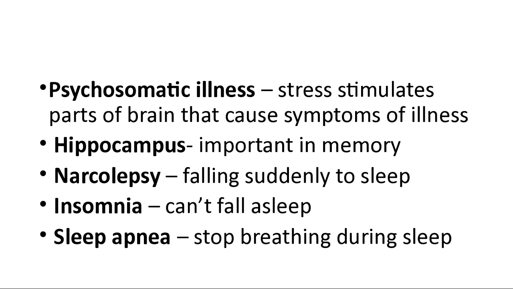A psychosomatic illness is basically a stress-related illness. Part of the brain causes you to have symptoms of illness that may not be physiologically there. However, it's still an illness because it's coming from your brain. Hippocampus is important in memory.